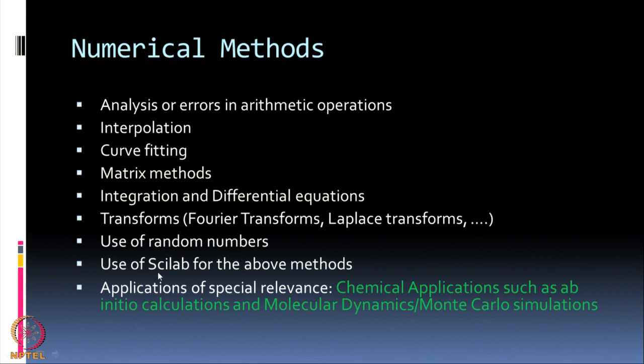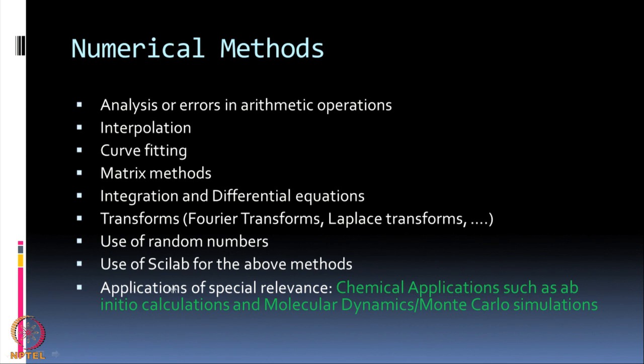We should also know how to use available external software to do these operations, and the advantage of Scilab is that it is free. You can just download it for free, and most of the calculations you need to do in life, Scilab will allow you to do very effectively. So, we will also have 3 or 4 lectures on how to use Scilab for all the numerical methods that are listed here.